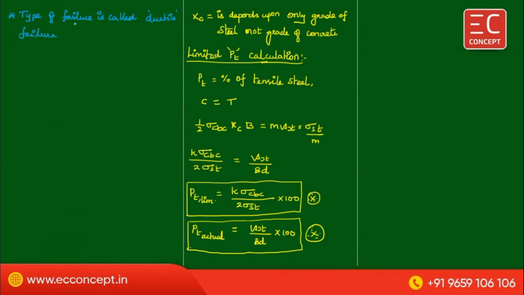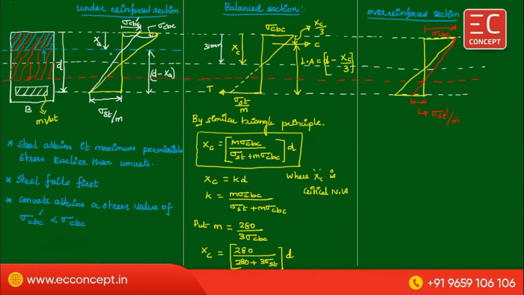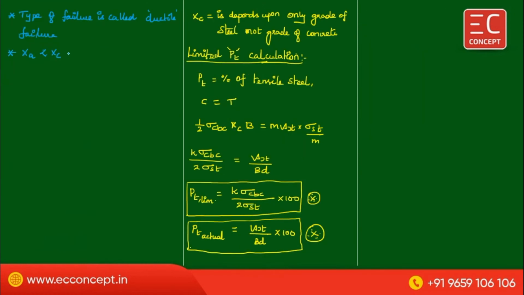The actual neutral axis XA is less than XC. See this diagram? This is the critical neutral axis, XC, but XA is less than XC. What is the meaning?